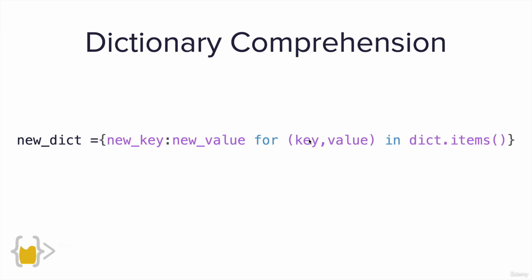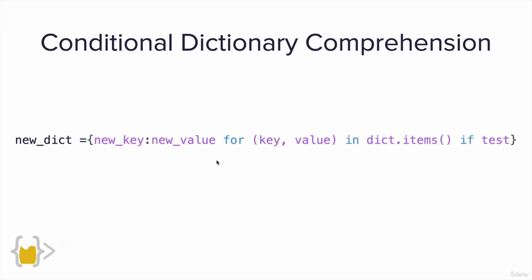So now we're looping through each of the keys and each of the values in all of the items from the dictionary. And we can use these key and value variables to create a new key or a new value. And to go one step further for completion's sake, we can of course, as always, add our condition at the very end, just like we did before with list comprehensions.